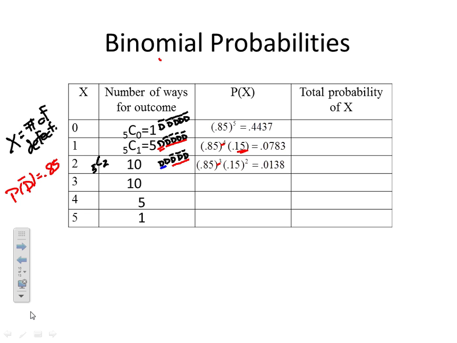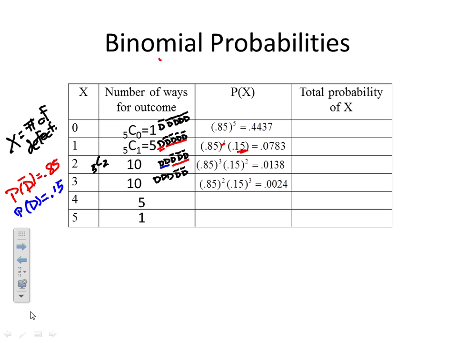And then there are 2 Ds, and remember, the probability that we had a defective was 0.15, so we have 2 0.15s. The next one down, 3 that don't work. Again, if you think about this, this would be defective, defective, defective, not, not.